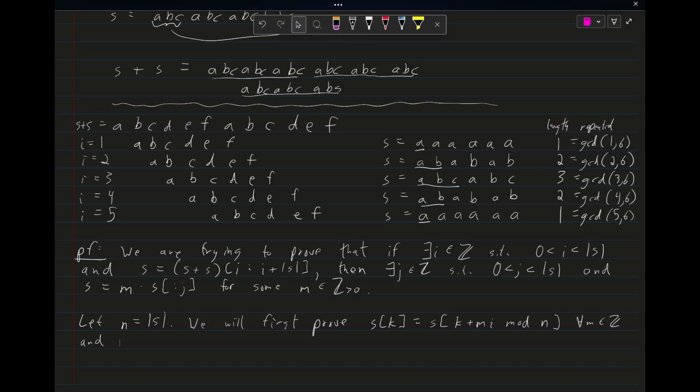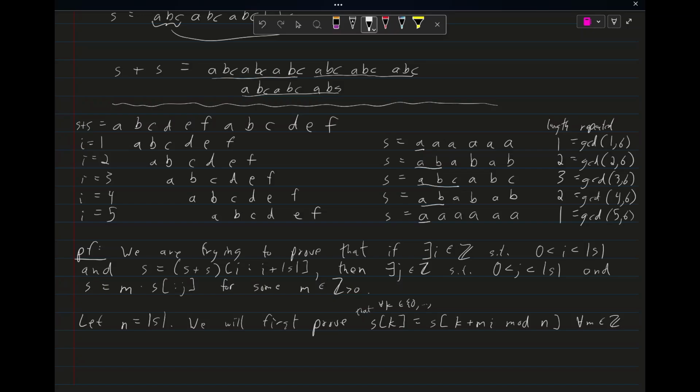So really, what I should have done here is say that this holds for all k, for every possible index of s.